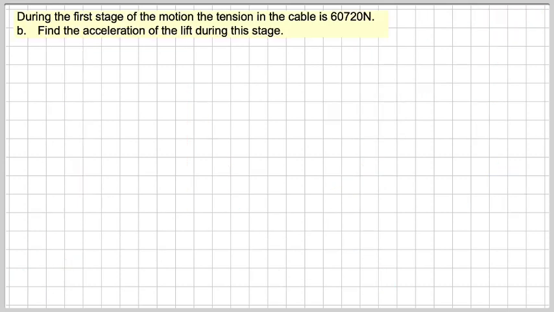Right, during the first stage of the motion, the tension in the cable is 60,720 newtons. Find the acceleration of the lift during this stage.